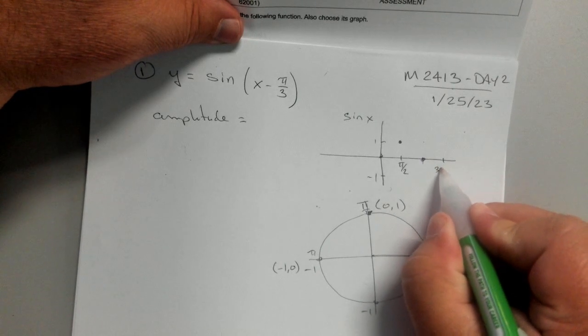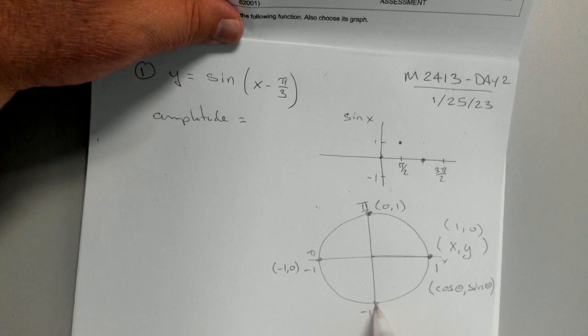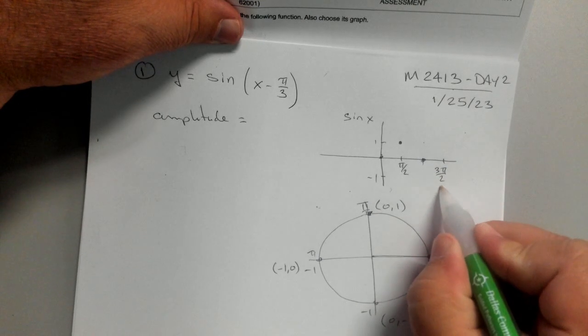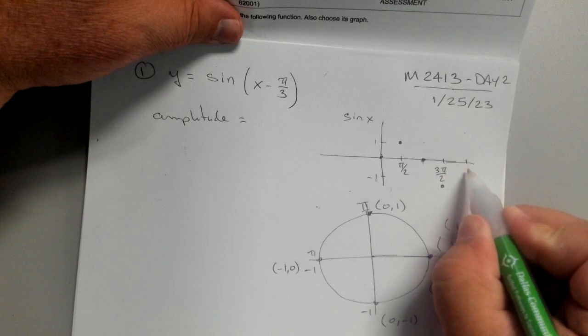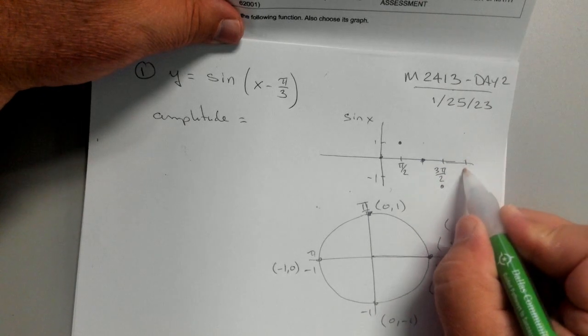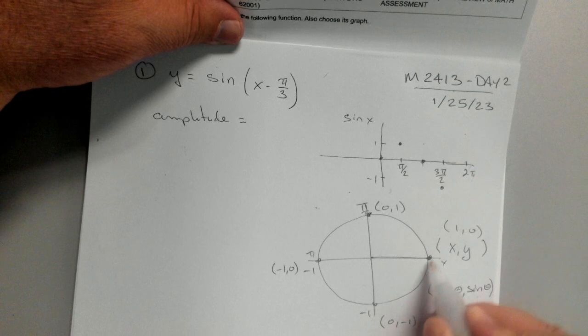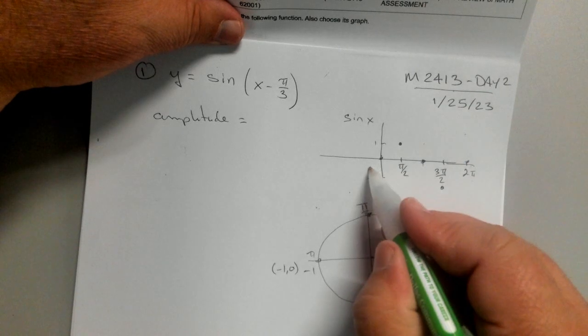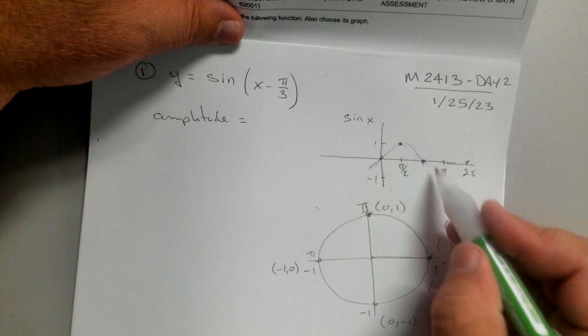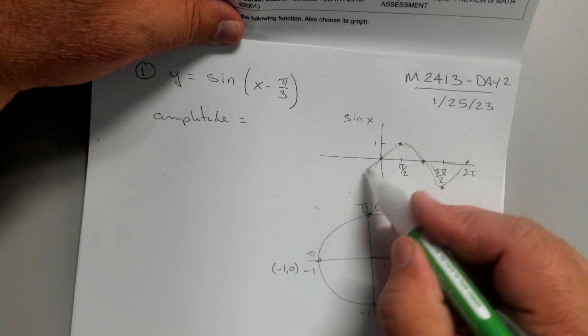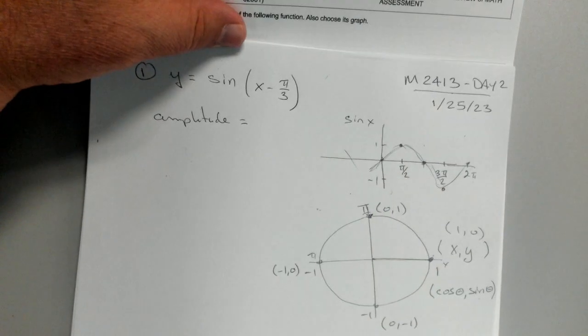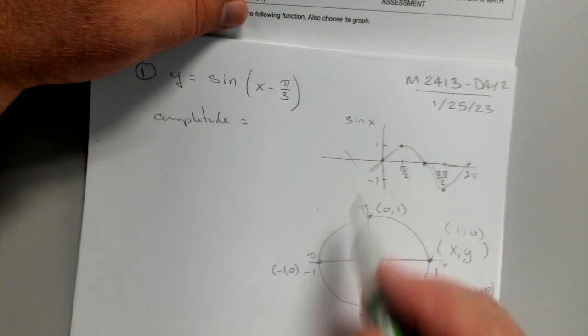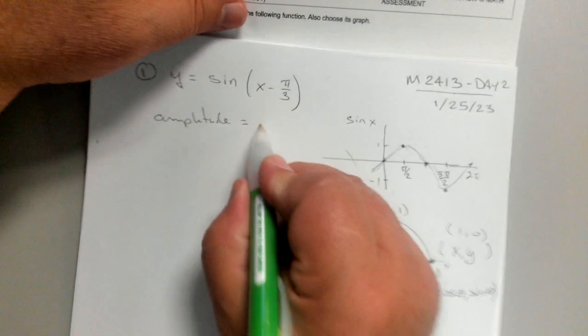At 3 pi over 2, it's now at 0, negative 1. And then it completes the cycle back over here. So the sine function we know looks like this. What's the amplitude? How high does it go? 1.